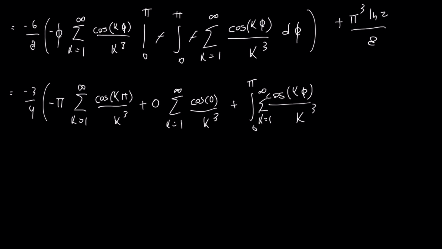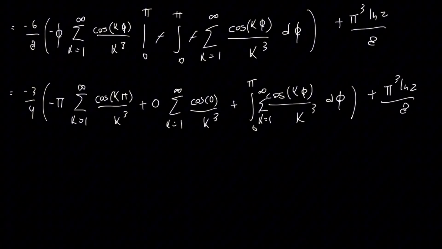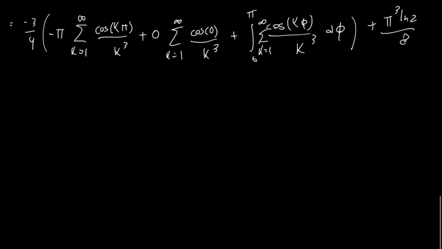That is the sum from 1 to infinity, d phi plus pi cubed log 2 over 8. And 0 times anything is 0. And we also use the following fact that the cosine of k pi equals negative 1 to the k.